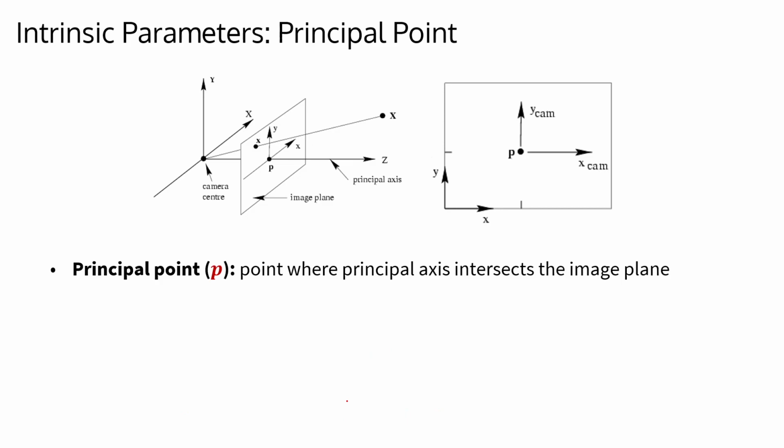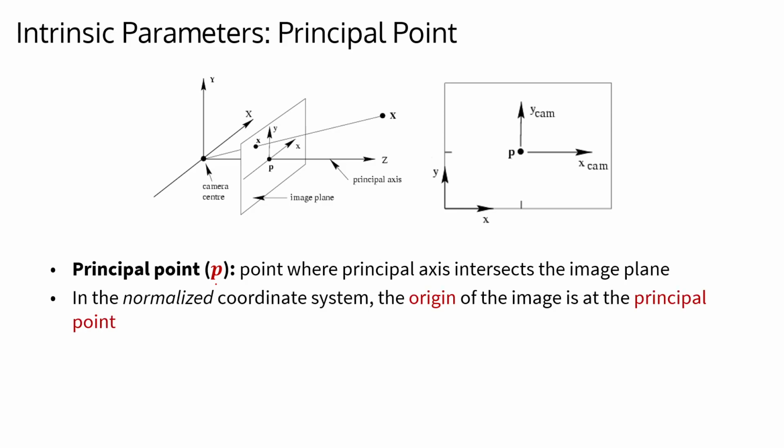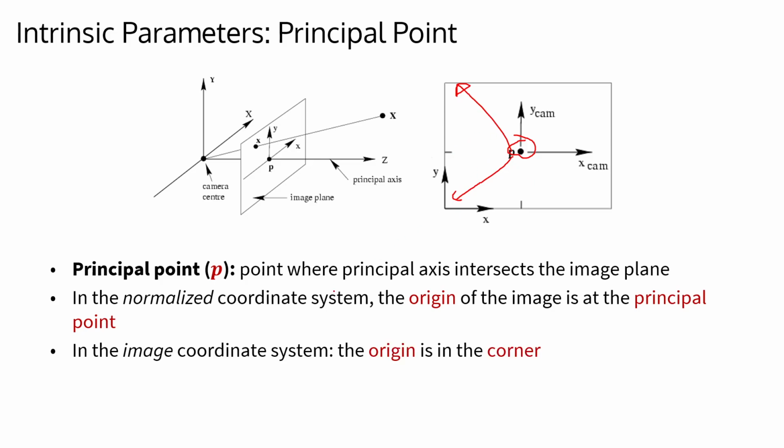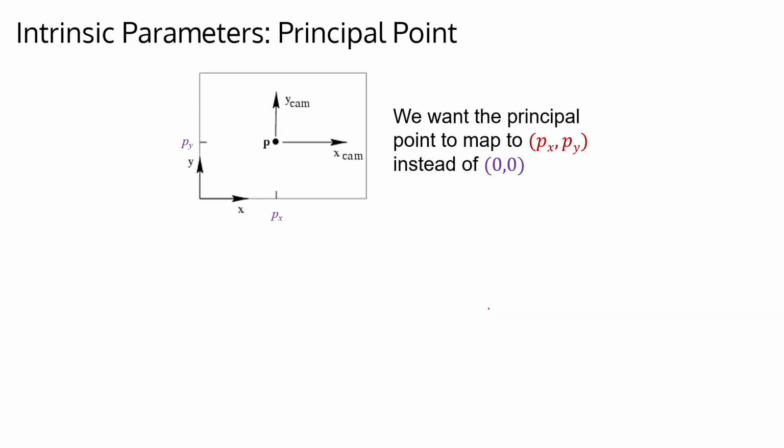Okay, now let's incorporate the principal point, and slowly we will start incorporating different kinds of parameters. In the normalized coordinate system, the origin of the image is at the principal point. So here is the origin. But we want to bring the origin to here or there, as we would usually represent images. In the image coordinate system, the origin is in a corner. So this is Px and Py with respect to the origin at a corner.